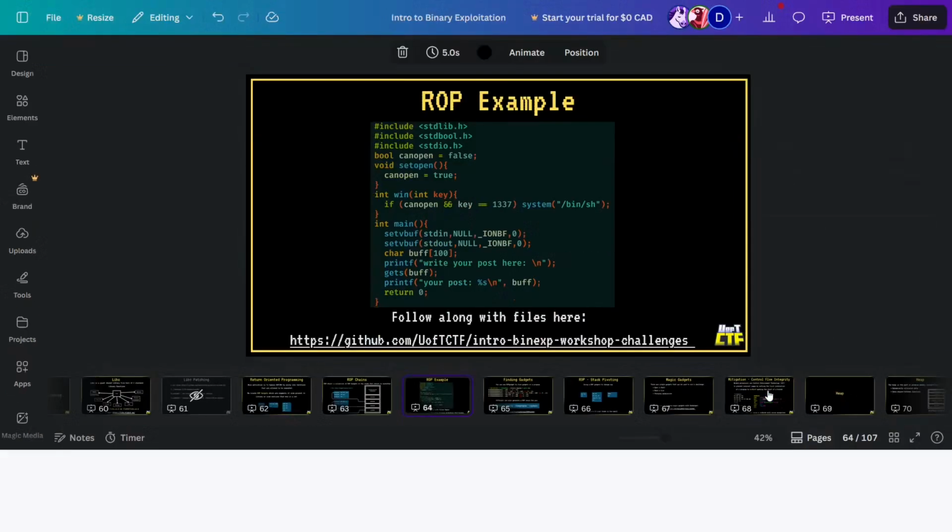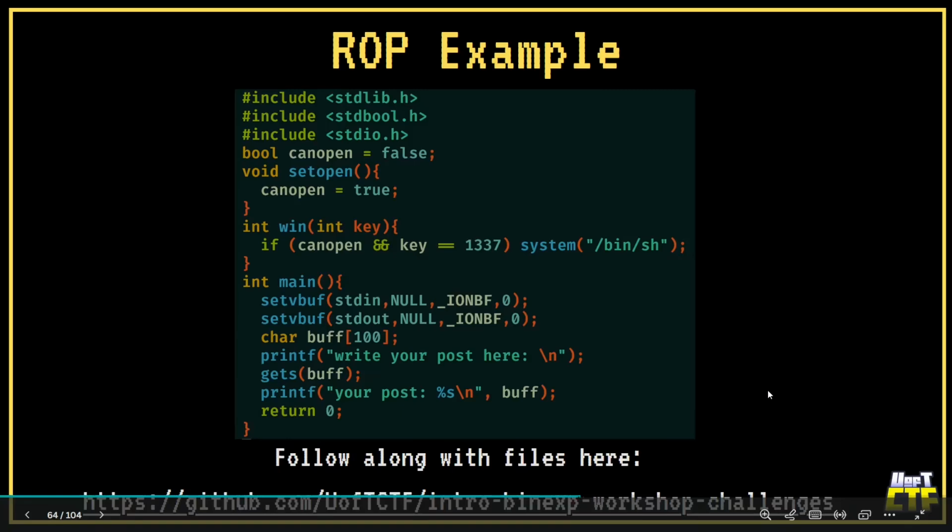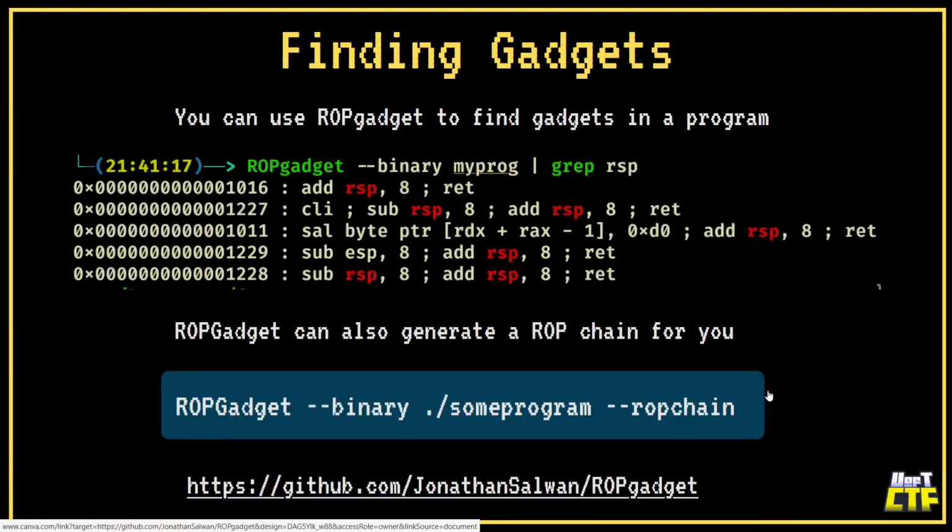But we'll continue on, and we'll talk about finding gadgets. So you probably already saw how to find a gadget. You have to use ROPgadget, say whatever binary you're using, and then grep for the actual value that you want, the actual thing that you're concerned about. You can also use ROPgadget to generate a ROP chain. Last time I tried it, it didn't really work out that well.